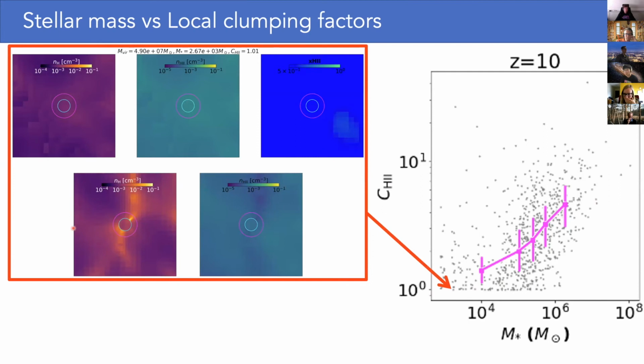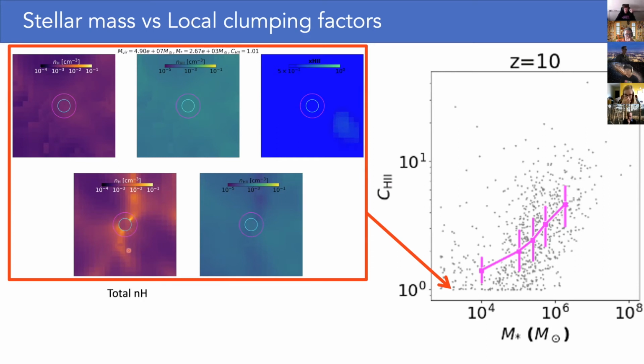From the left bottom panel, the cyan circle is the virial radius, and the magenta one is some specific radius outside the virial radius. I exclude the gas cells inside the halos in this image, so you can see some empty hole in the image. And we basically measure clumping factors from the region enclosed by this magenta circle.